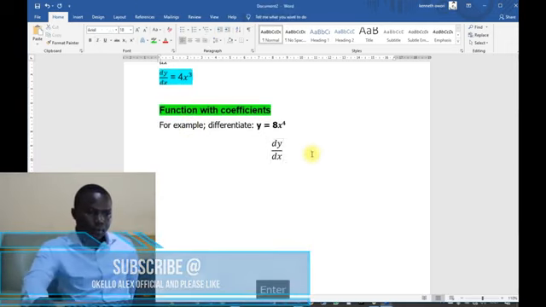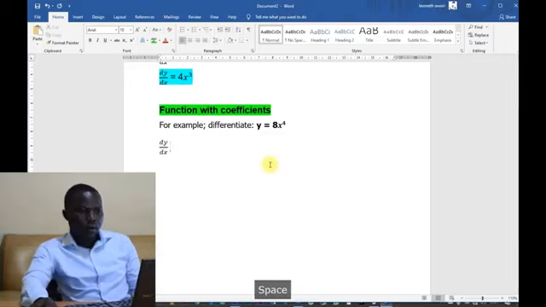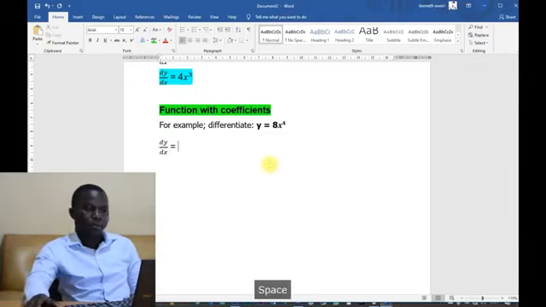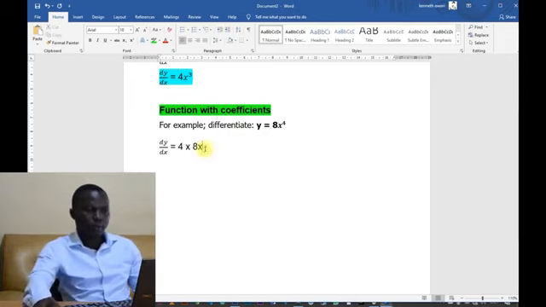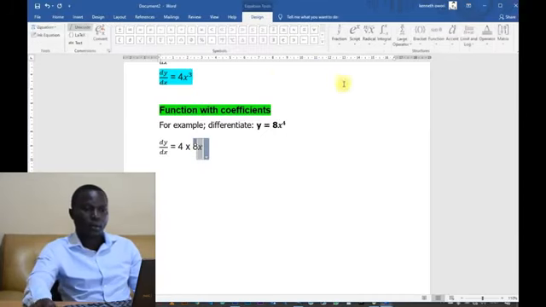So in this case, our dy/dx would be 4, which is the power, multiplied by 8x to the power of 4, and then reduce the power by 1, as we can observe.